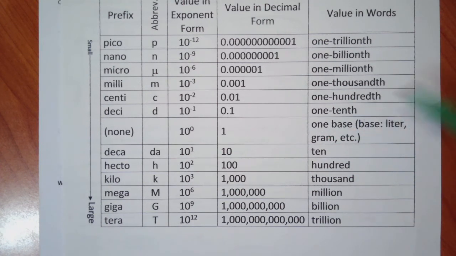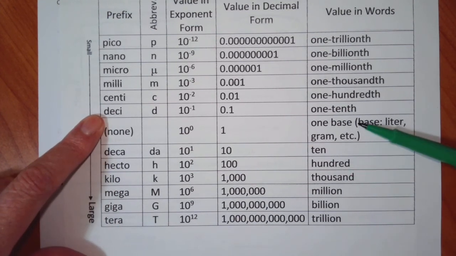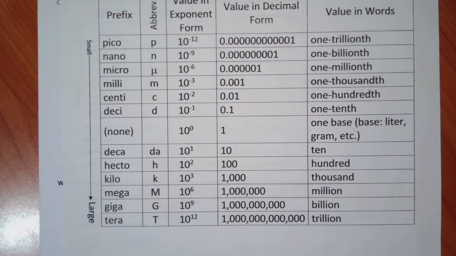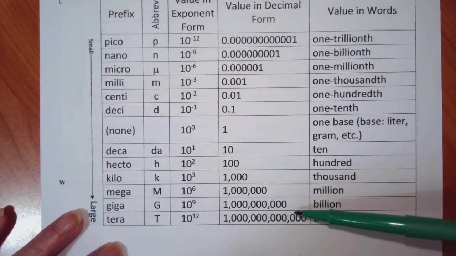Just like they say that a mile is 5,280 feet, a kilometer is 1,000 meters. So it's the same thing. To me, it just makes a little bit more sense. And then you keep on going. But these are the values in decimal form.